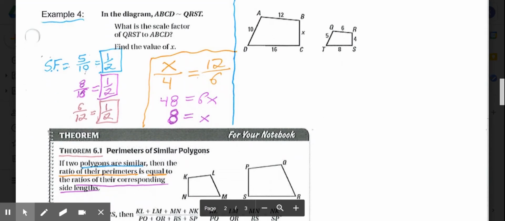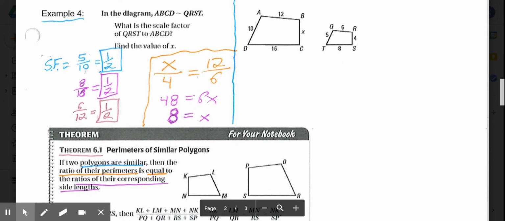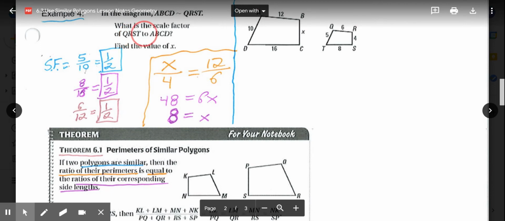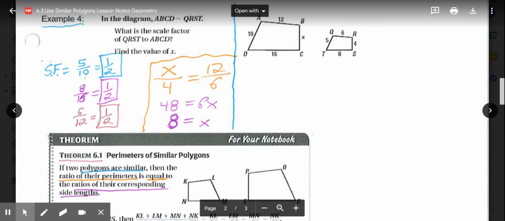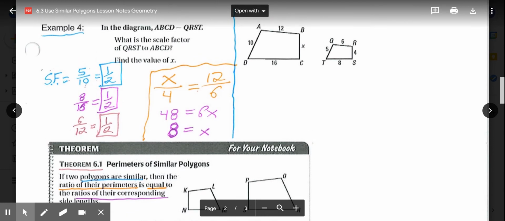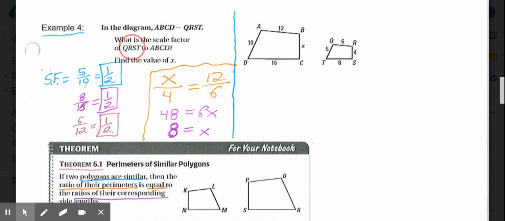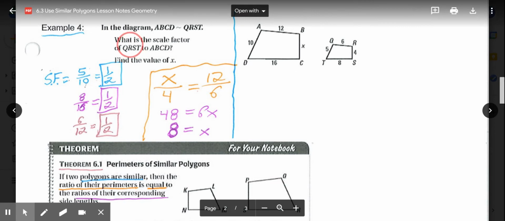Now we get down to example 4. It says, in the diagram, quadrilateral ABCD is similar to quadrilateral QRST. What is the scale factor of QRST to ABCD? So in this case, because they listed QRST first to ABCD, QRST needs to go on top.